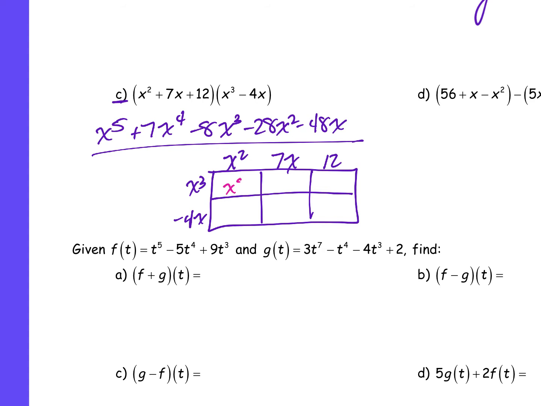So this is x to the 5th, 7x to the 4th, 12x cubed, negative 4x cubed, negative 28x squared, negative 48x. Combine your like terms and you get this answer right here. Does that make sense? C.